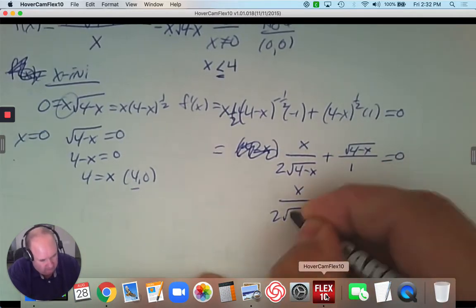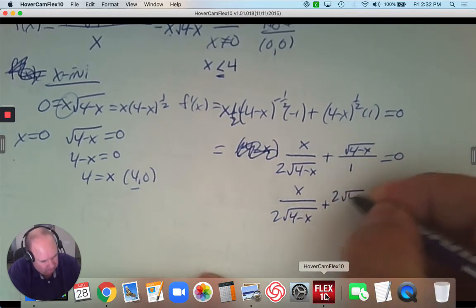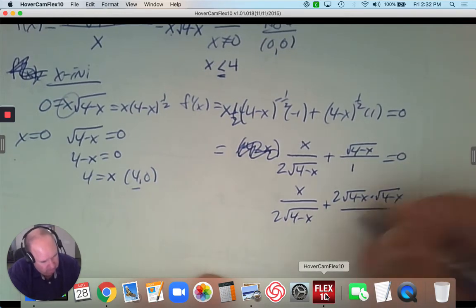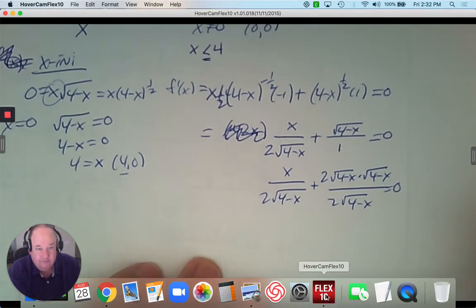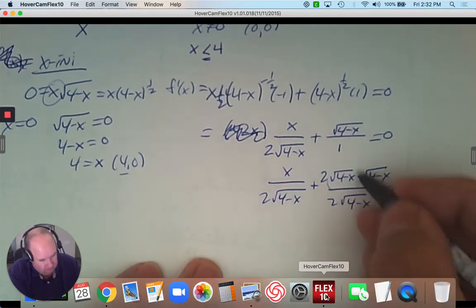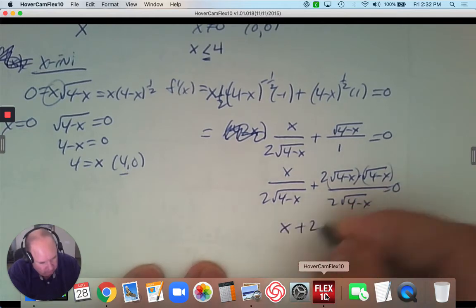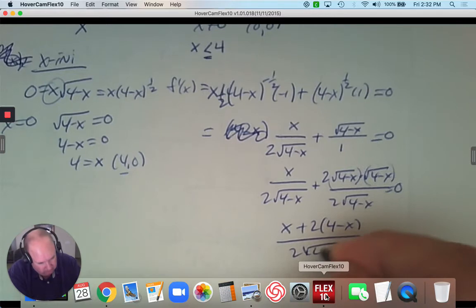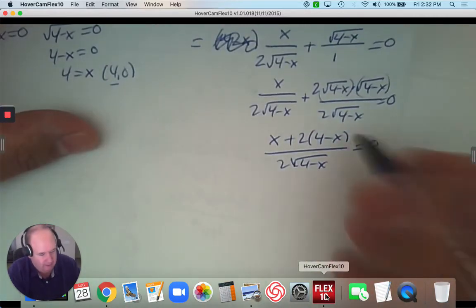So for the denominators to be the same, I'm going to multiply by 2 times the square root of 4 minus x. Now, when you multiply 2 roots and they're the same, they just undo each other. So you end up just with 4 minus x, no square root. That's one of those square root properties. And now you have one fraction. So now we're almost there.